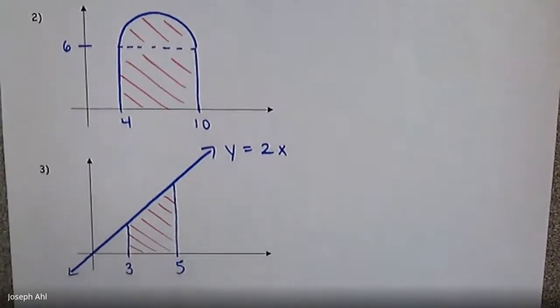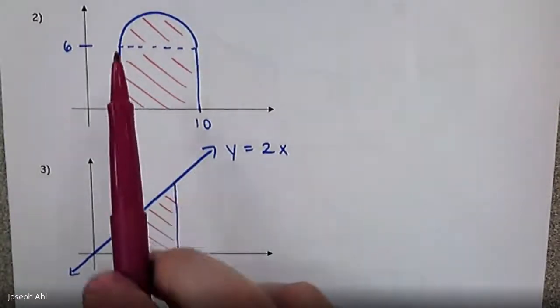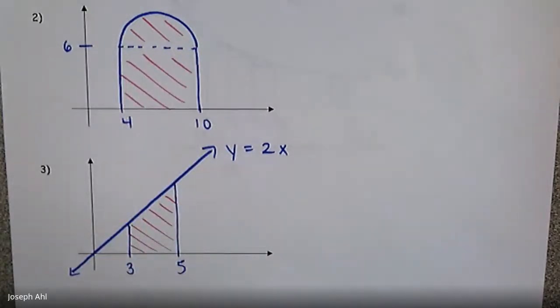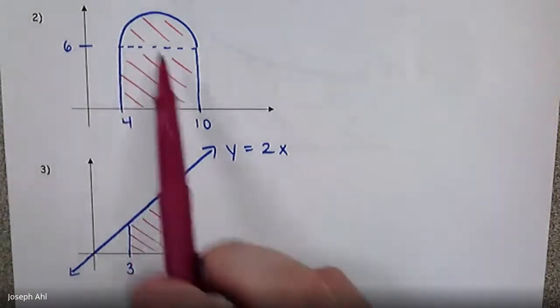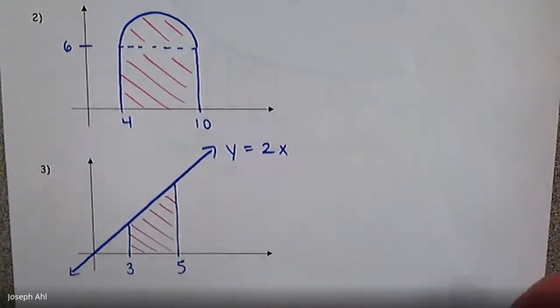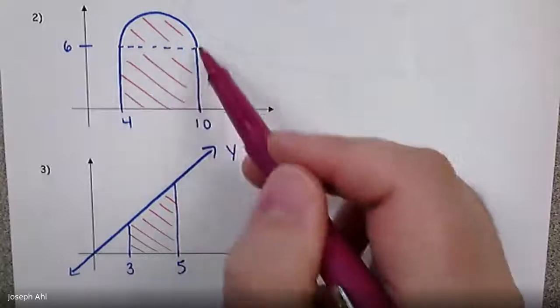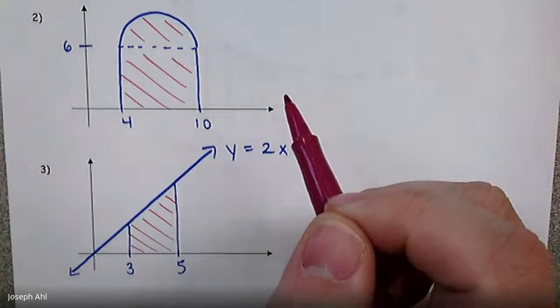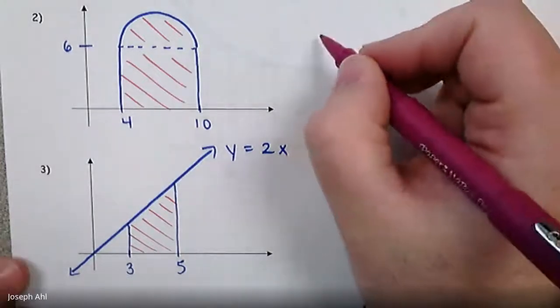Here are the other two pictures. This one, I'm kind of thinking it looks like the free throw line on a basketball court. But if I were to fill in the area of this region right here, do we need calculus to find that area? And I'm convinced we don't, right? I mean, we have a rectangular region plus that little semicircle above it. So the area would be the rectangle plus the semicircle.